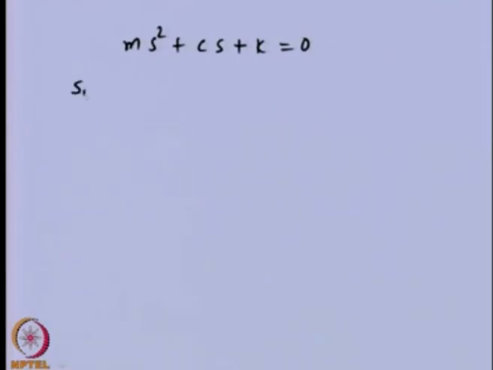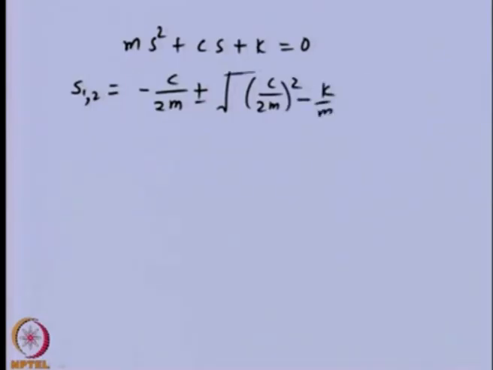So, we will get 2 roots and the solution will be of this form. And if we substitute this in the assumed solution, let us say I am writing this as exponential and within the bracket these terms.